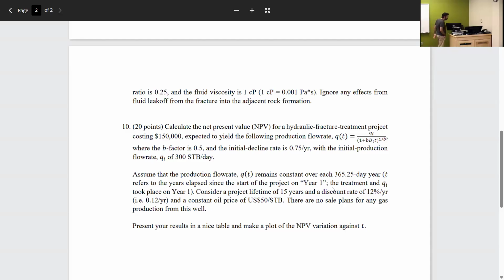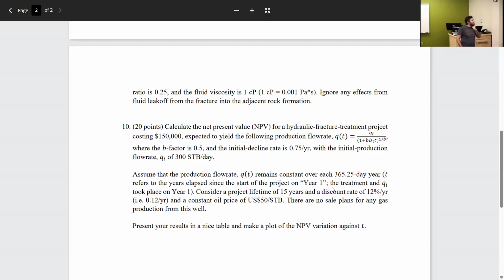So, year 1, year 2, year 3, all the way to year 15, right? Okay. Year 1, I have a cost that is $150,000 to fracture my well, okay, typical prices.